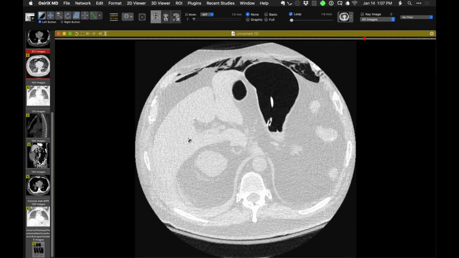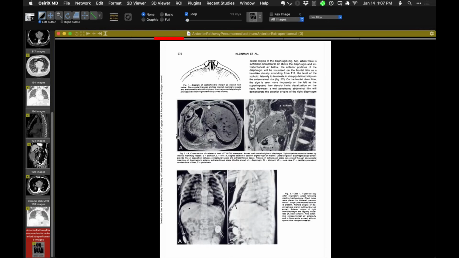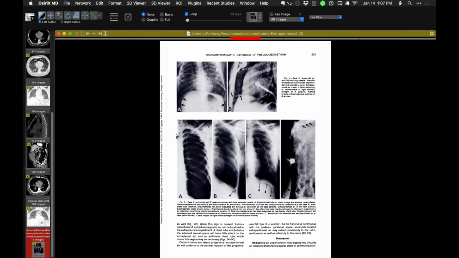So anterior retroperitoneum. And this is the classic article that goes way back now to 1978, I think it is, describing that pathway by which one can get transdiaphragmatic passage of air from the mediastinum into the upper abdomen. And I think this article focused primarily on the pediatric population.